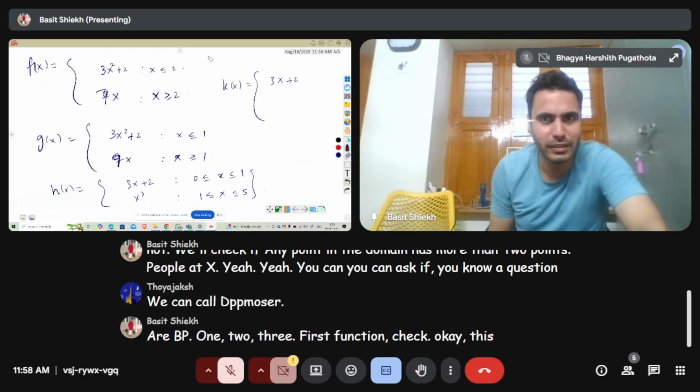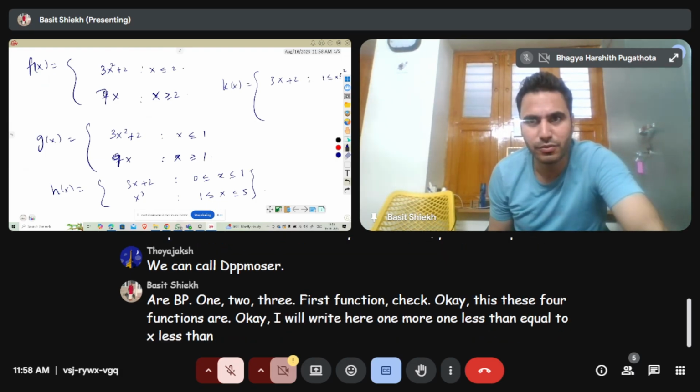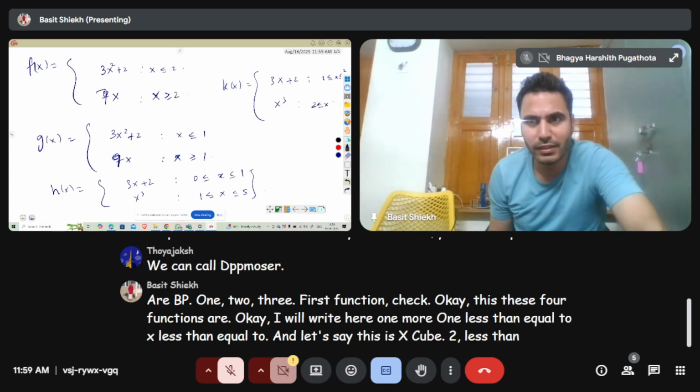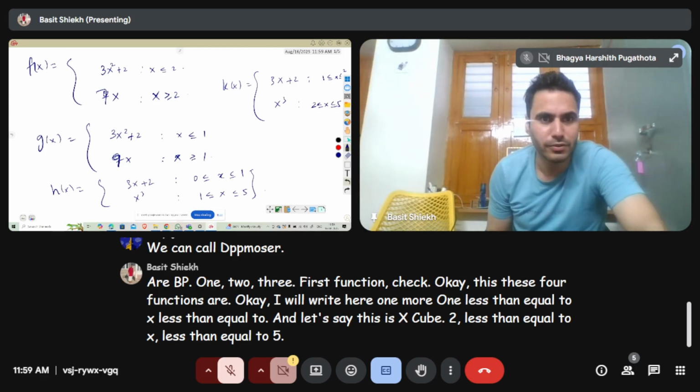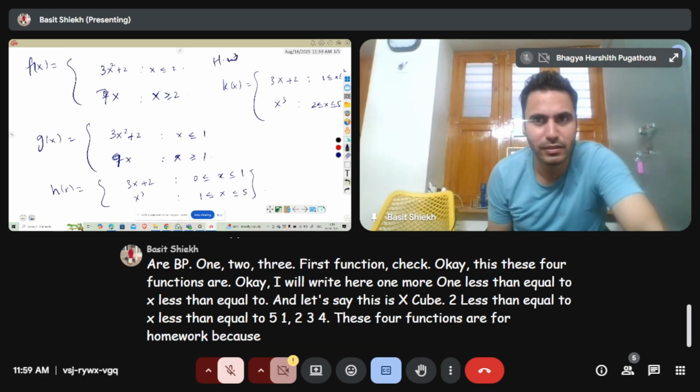Okay, these four functions are okay. I will write here one more: 1 less than or equal to x less than or equal to 2, and let's say this is x cube; 2 less than or equal to x less than or equal to 5. These four functions are for homework because time is running out.